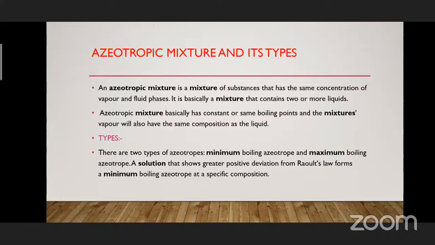An azeotropic mixture is nothing but the mixture of substances that has the same concentration in vapor and fluid phases. That means what? I have mixed the solute and solvent. Let the solute be A, solvent be B. So now what do I get? AB type of solution.